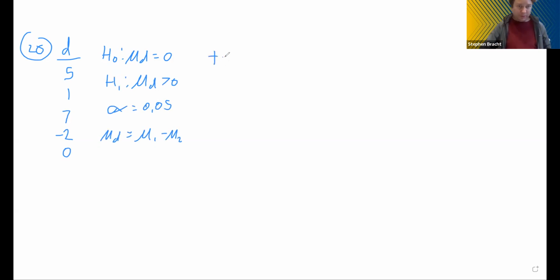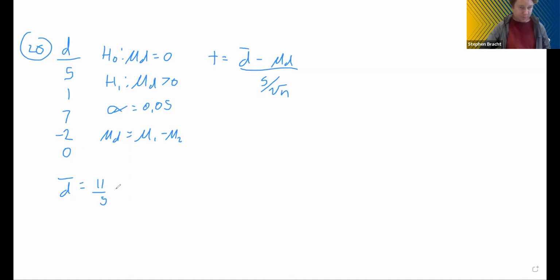For the test statistic, that will be d bar minus mu d over s over the square root of n. D bar is found by adding up the 5 numbers in the D column and dividing by 5, right? So if you add those up, they add up to 11.